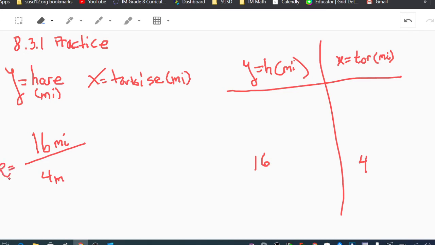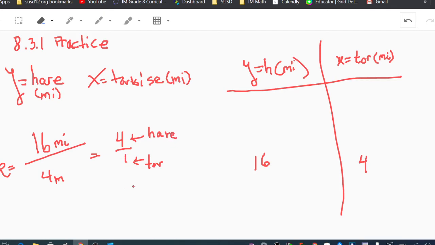It means that for every 4 miles the tortoise has run, the hare ran 16 miles. And we can simplify that to 4 miles over 1 mile. And this means for every 1 mile that the tortoise runs, the hare has run 4 miles. In other words, the hare is 4 times faster. So here is our proportional constant.